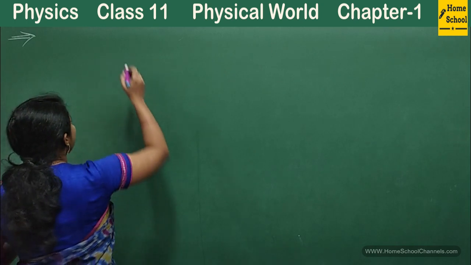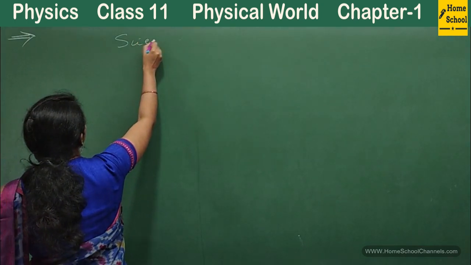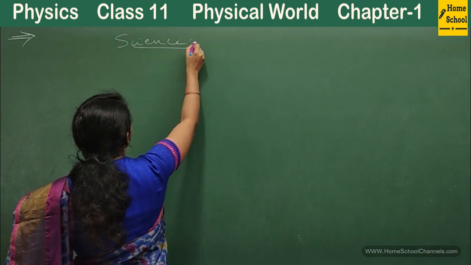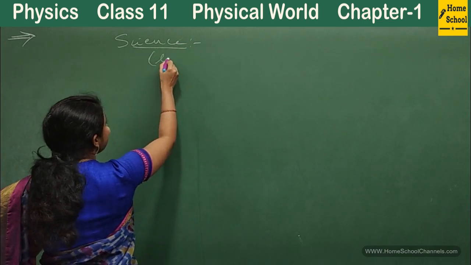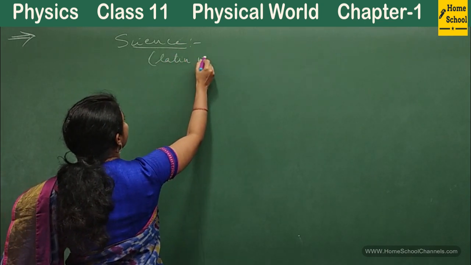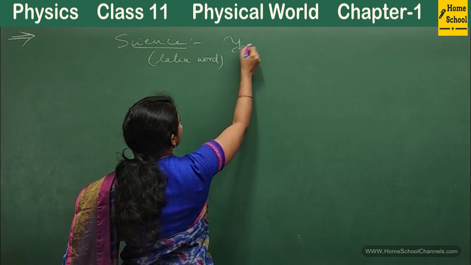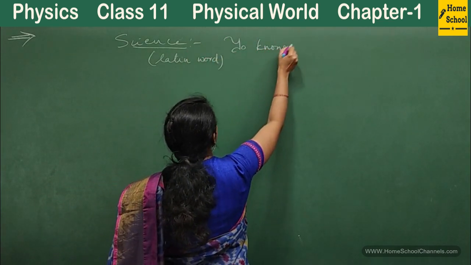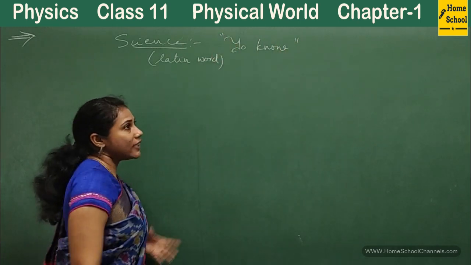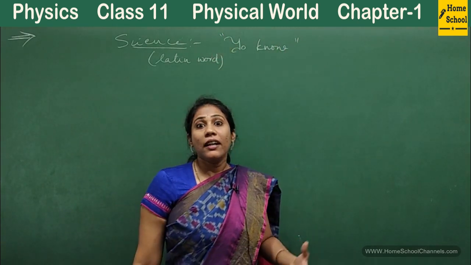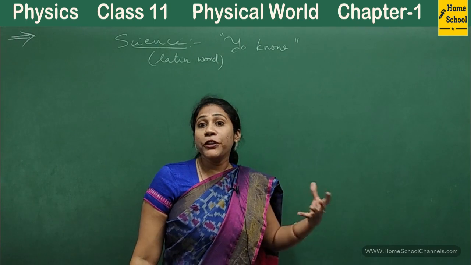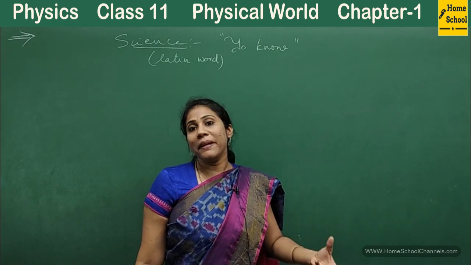The word science is actually a Latin word, and science means to know. Science means to know something. Whatever happens in our nature happens for a reason, and you must know the reason behind that.